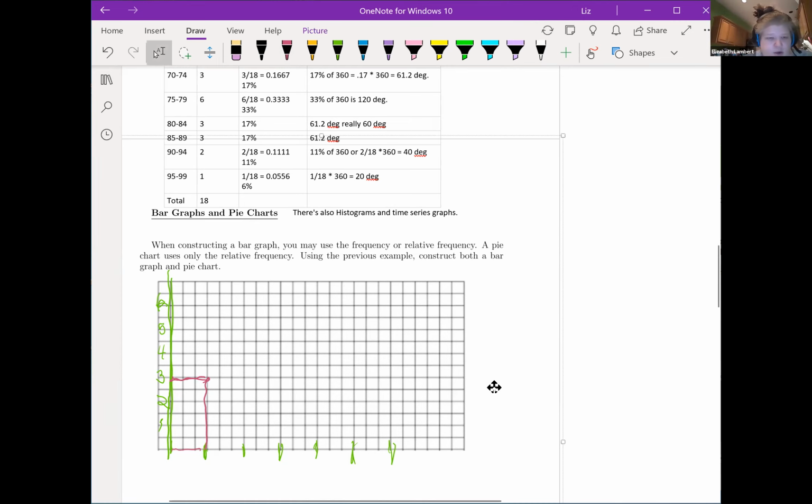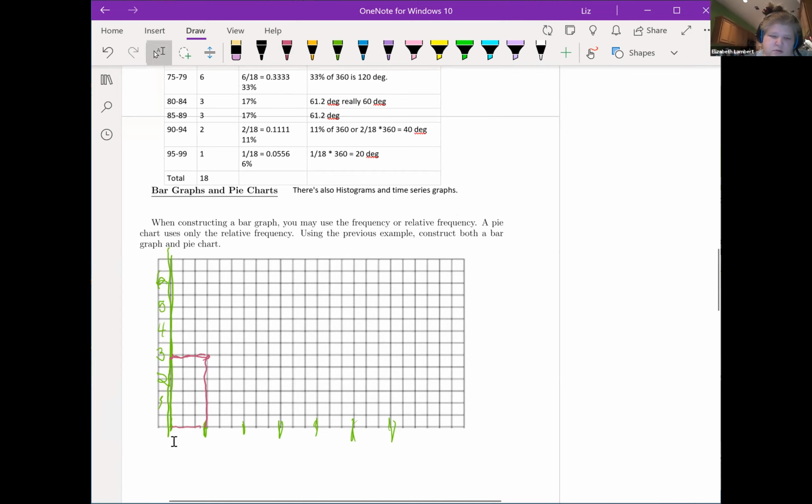Now at the bottom here, we should put the labels. I'm gonna see if I can type it. So our first one was 70 to 74.